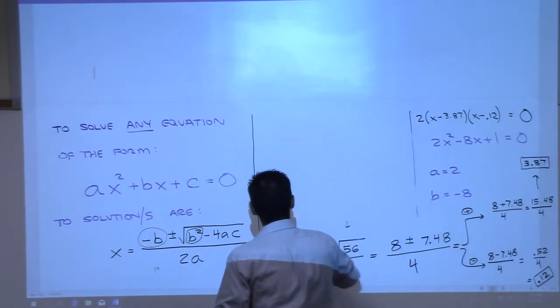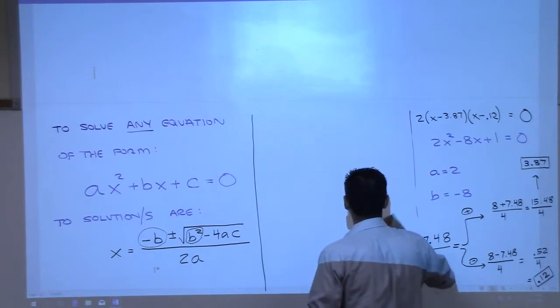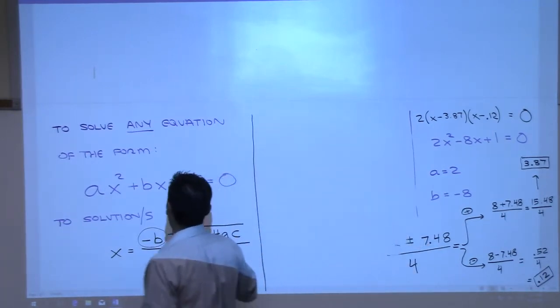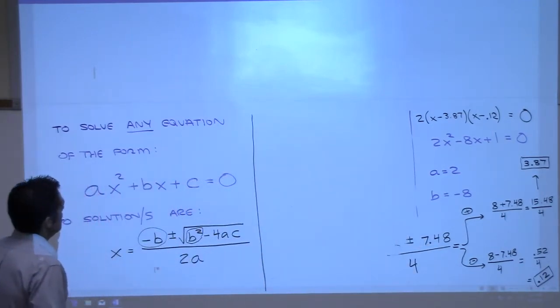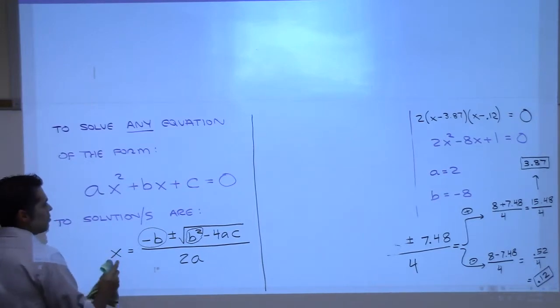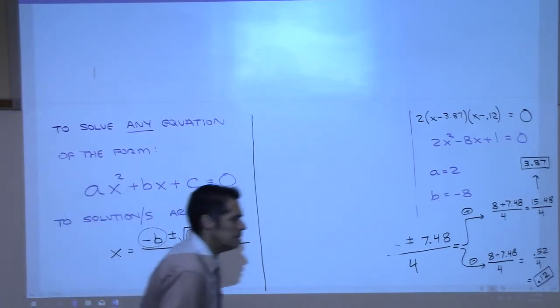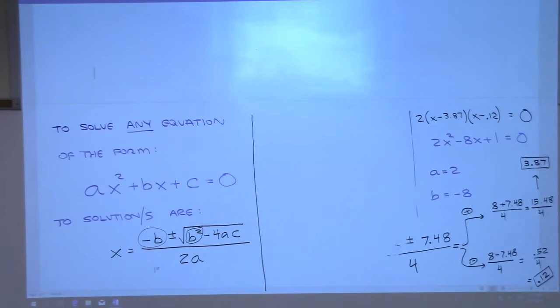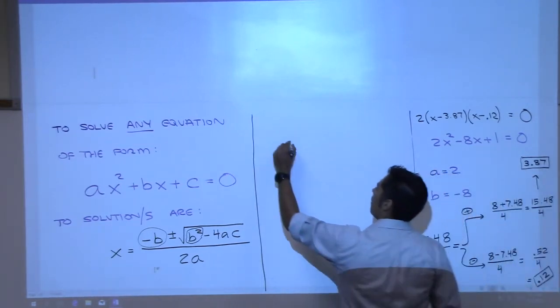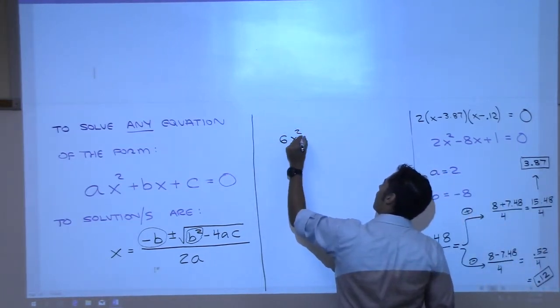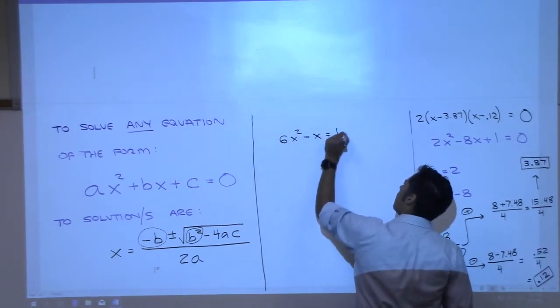What was the last problem that I gave us that had x squared in it when we were doing factoring? Let me go back. Did we do 6x squared minus x equals 15? I think we did. Did we do this problem?